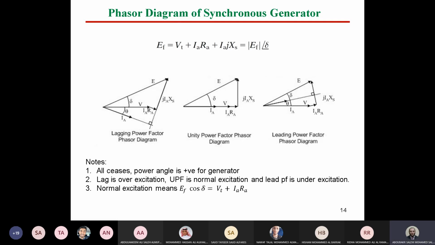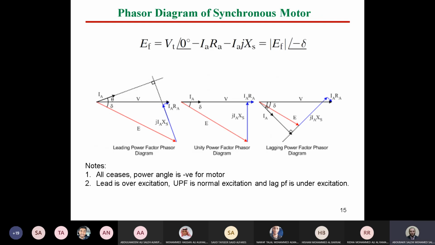So we can say the power angle is positive. It represents the flow of power. If the power angle is positive, this means the power is coming out from the machine. Because we will see in the motor, it will be reversed, it will be negative.